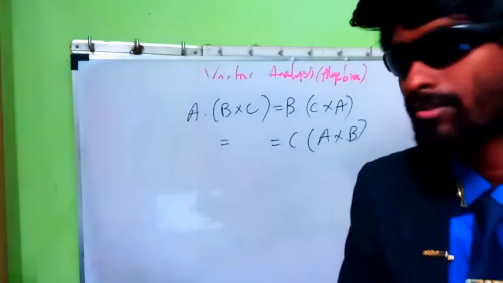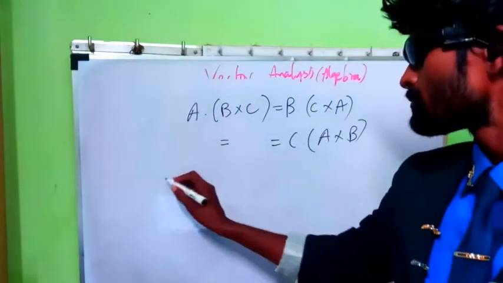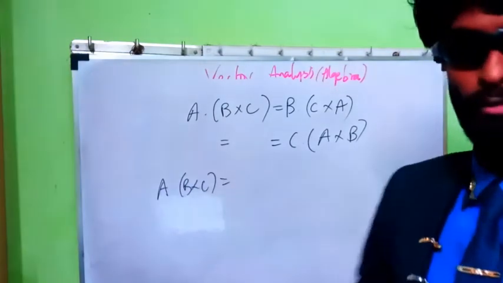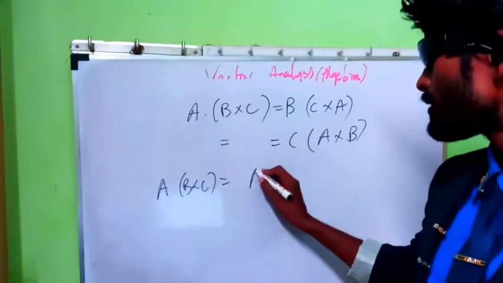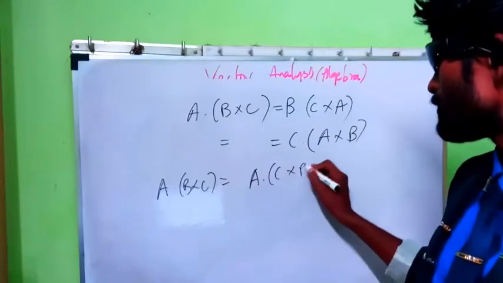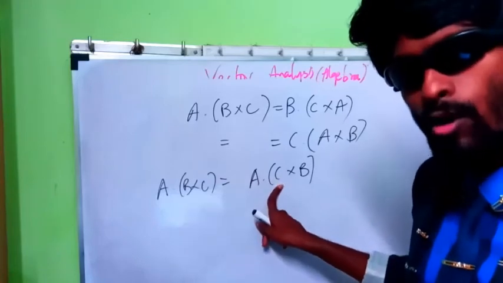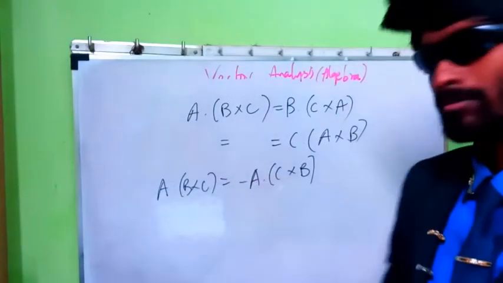But in another case, if I write A dot B cross C, which is equal to A dot C cross B, look here: is it A after C? No, it's A after B, right? So it's minus.